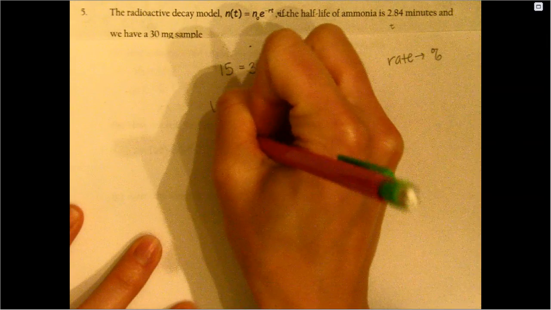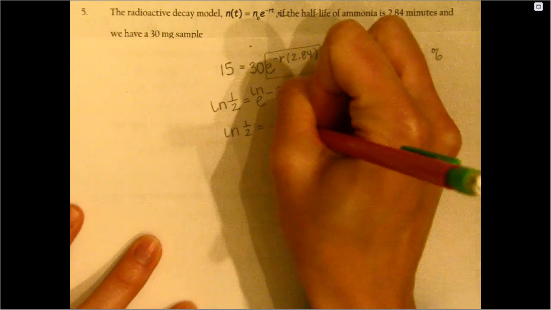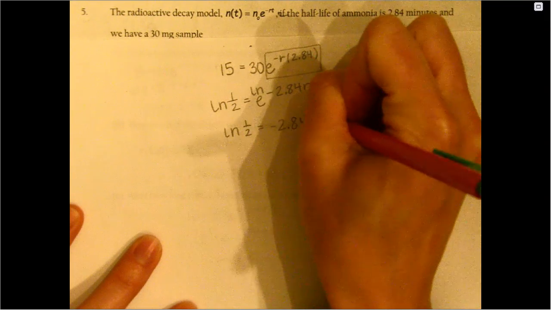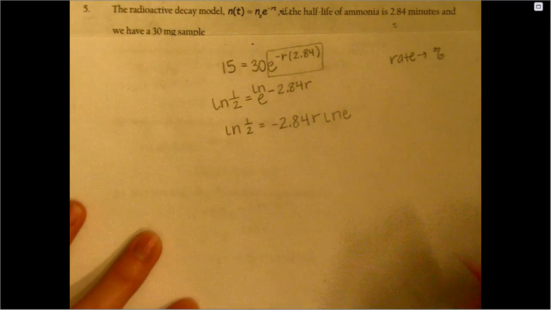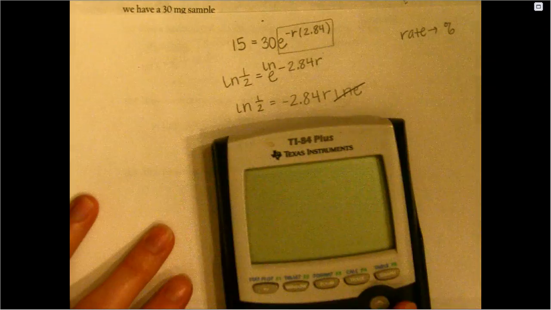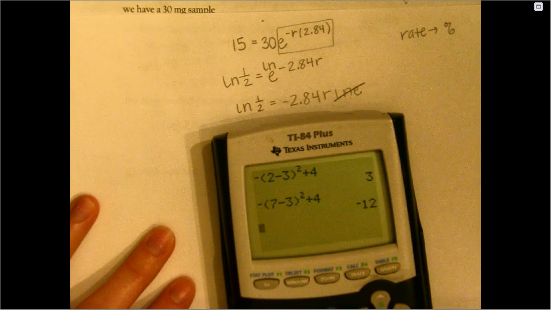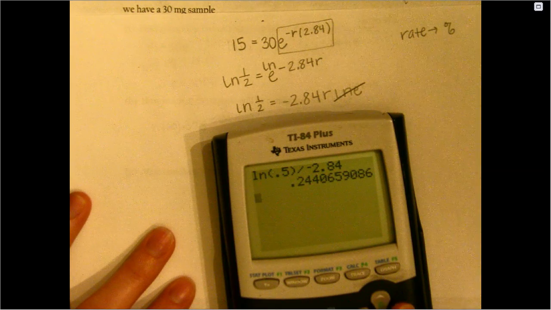So then I'd have the natural log of 1/2. I can bring my exponent out front times the natural log of e, which ends up canceling. So that means that my rate is going to be the natural log of 1/2 divided by negative 2.84. So about 0.244.